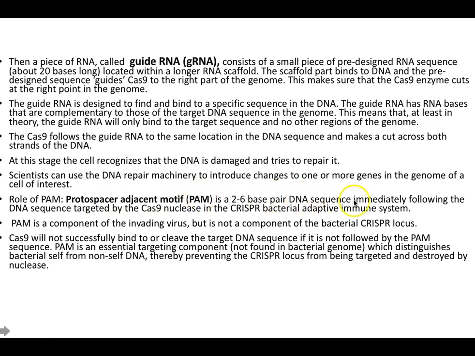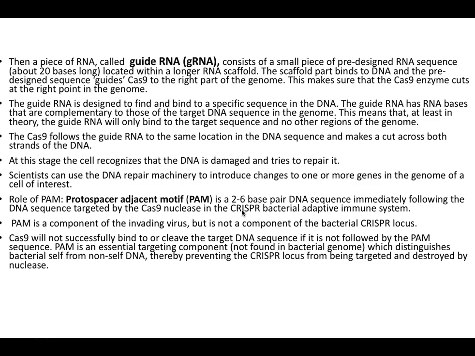This is a DNA sequence immediately following the sequence targeted by the Cas9 nuclease in the CRISPR bacterial adaptive immune system. Essentially, what that says is, alert, this is viral DNA, this has to be removed. And we can also create little PAMs, which help the guide RNA.